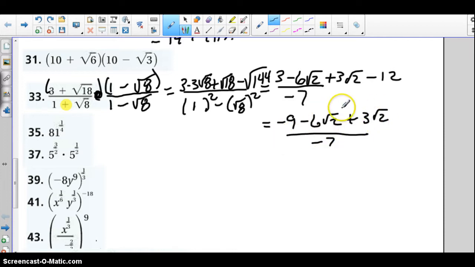And we can combine these two radicals since they have the same index and the same radicands. And there we are. Next one, this is going to be the fourth root of 81.